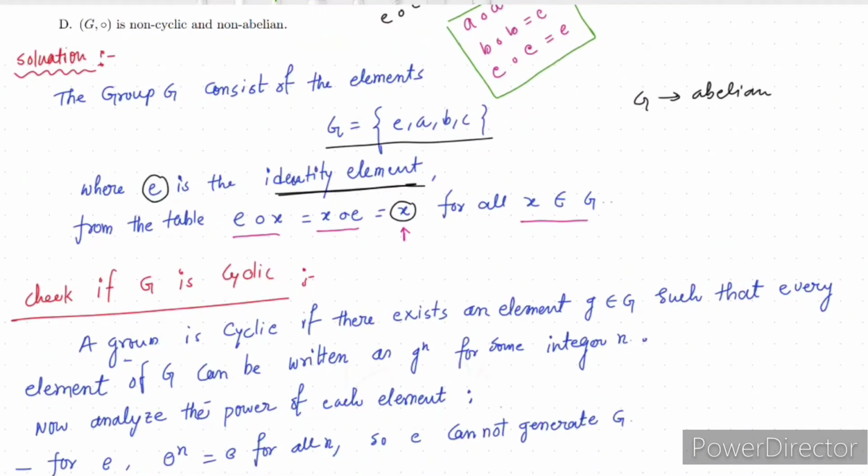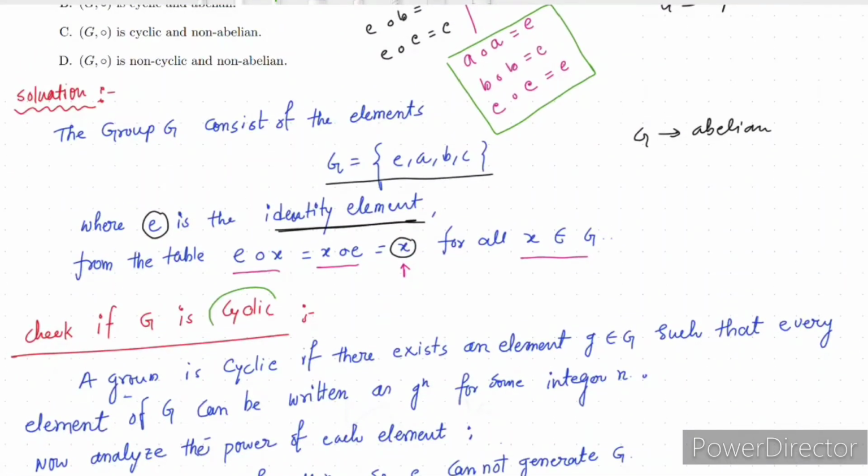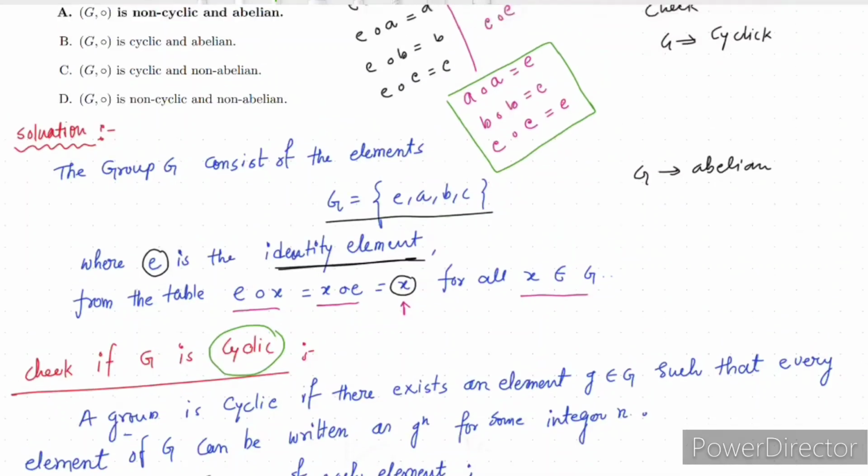Now we check whether G is cyclic or non-cyclic. How to check?